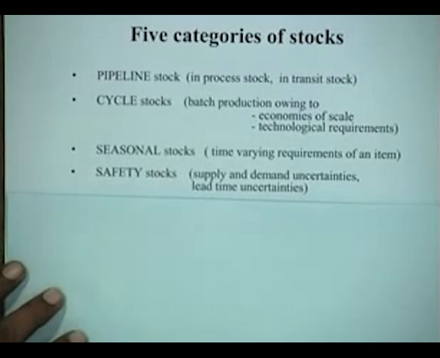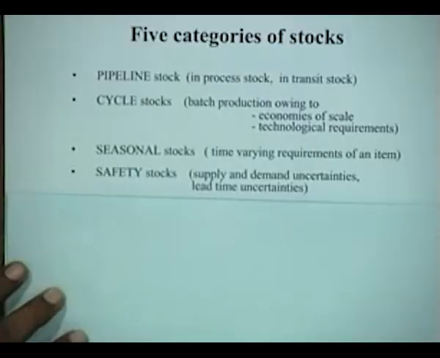If you were 100% sure that your demand during the month is 100, you will order 100 and be satisfied with it. But if it happens that in some periods it is 80, in other periods it's 120, so there are these kinds of uncertainties. So you have to maintain some kind of safety stock of these items so that you don't run out of stock in that particular period.